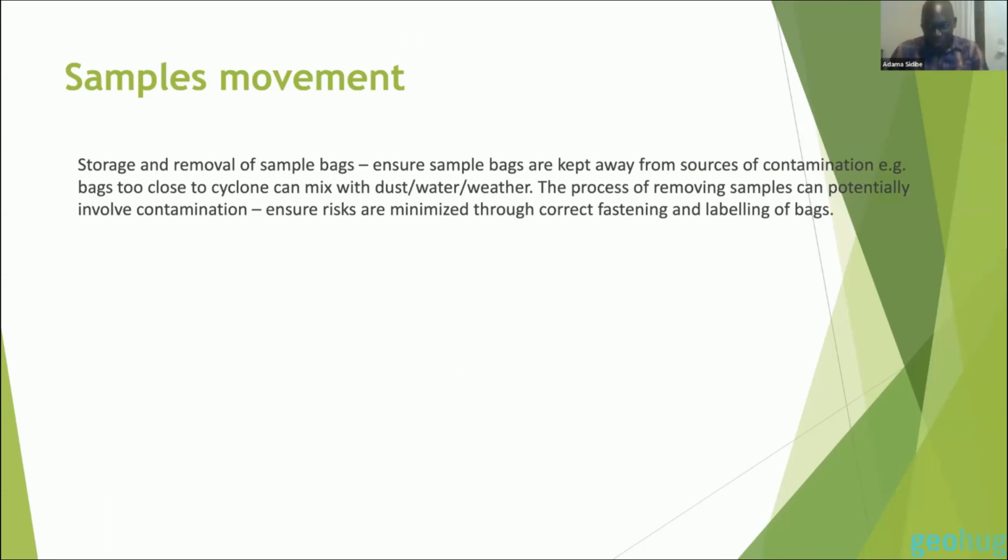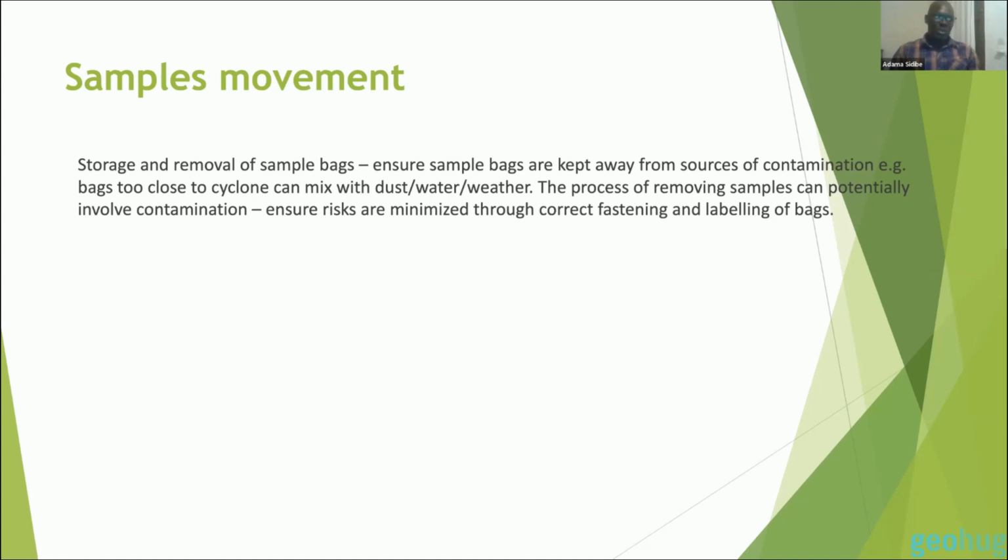Sample movement. Sample movement is one of the sources of contamination too. Generally, we have to ensure the sample bags are kept away from sources of contamination. Example, when bags are too close to the cyclone, the bags can mix with dust, water, and weather from the cyclone. Make sure that the bags are a little far from the cyclone.